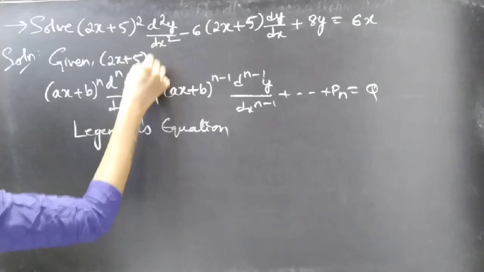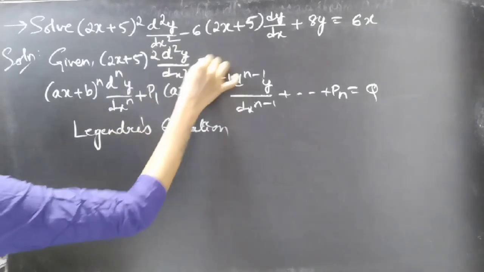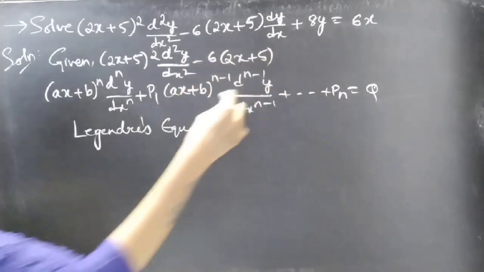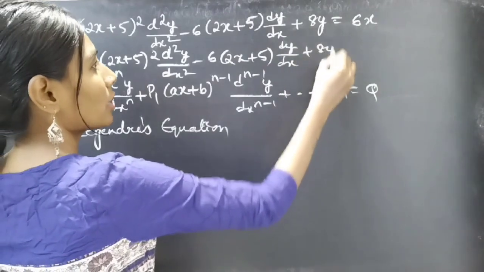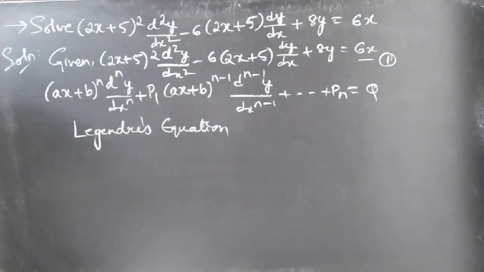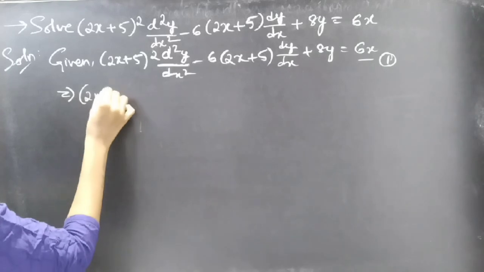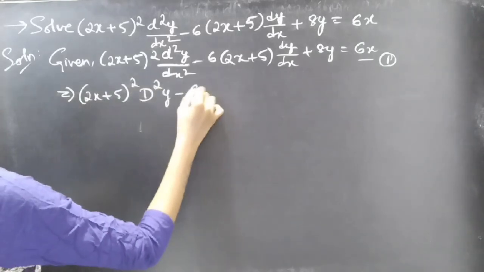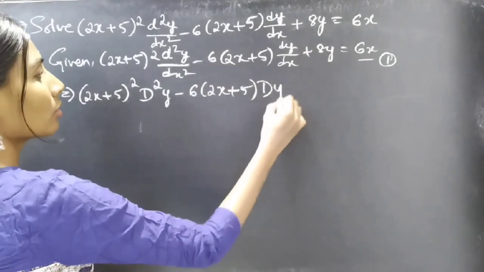(2x+5)² d²y/dx² − 6(2x+5) dy/dx + 8y = 6x. Consider this as equation number 1. We can write d²y/dx² as D²y and dy/dx as Dy.